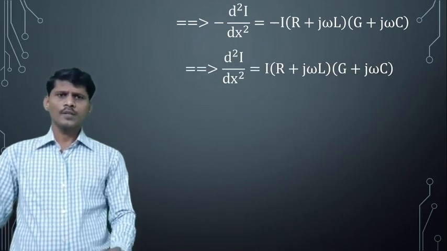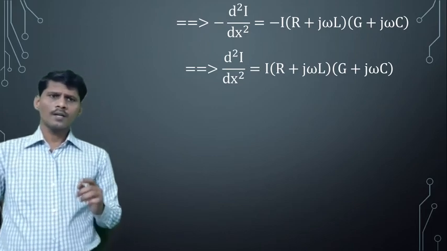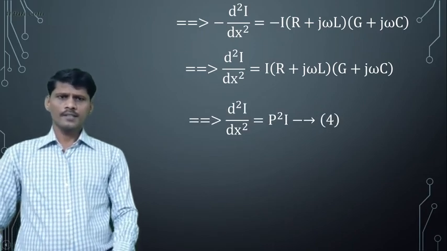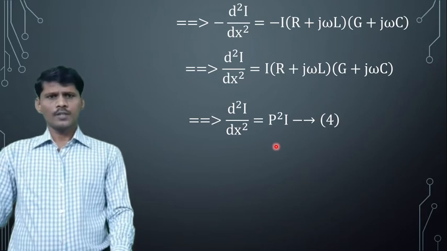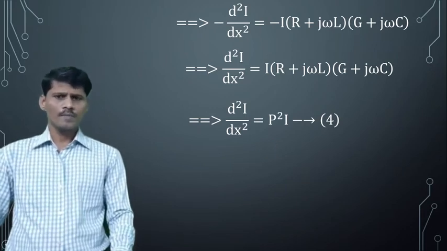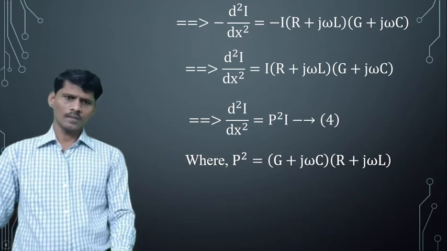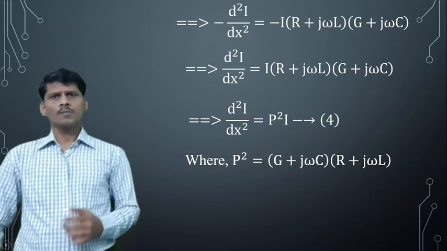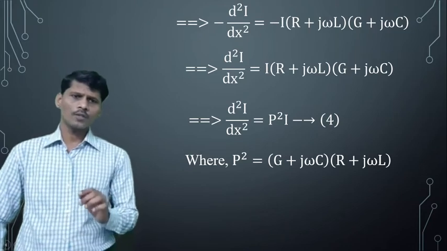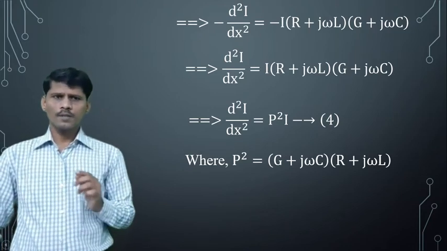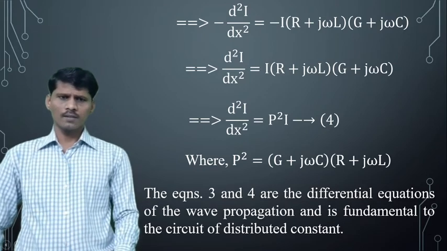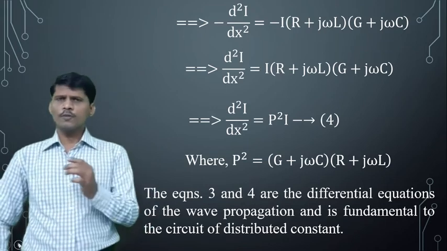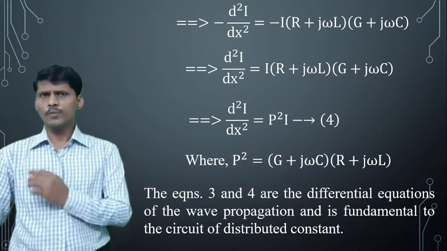We have d square I by dx square is equal to I into R plus j omega L into G plus j omega C. So that is d square I by dx square is equal to P square I. That is considered as equation 4, where P square is equal to R plus j omega L into G plus j omega C. P is the complex constant for a given frequency, called the propagation constant, and it is given by P equal to the square root of R plus j omega L into G plus j omega C. So equations 3 and 4 are the differential equations of wave propagation.